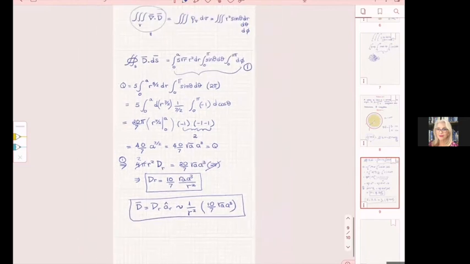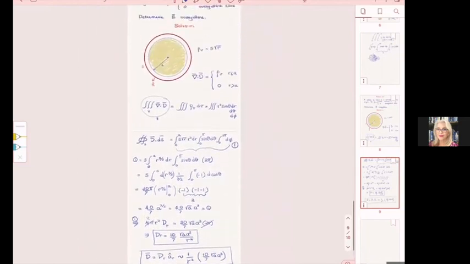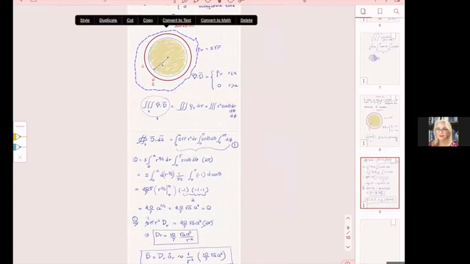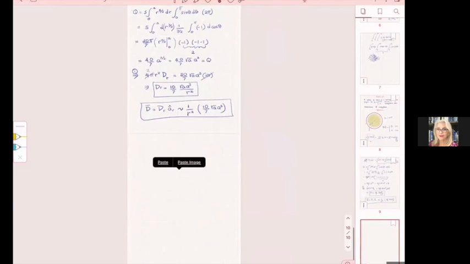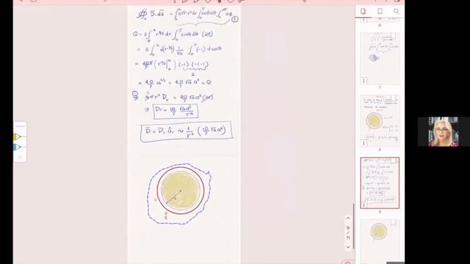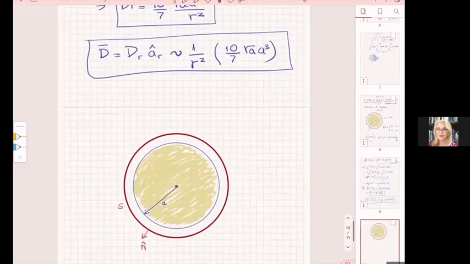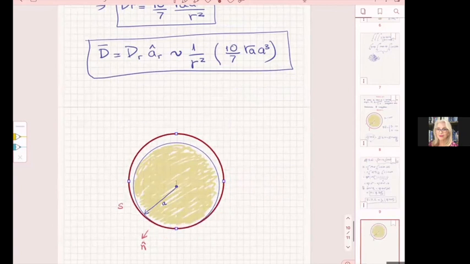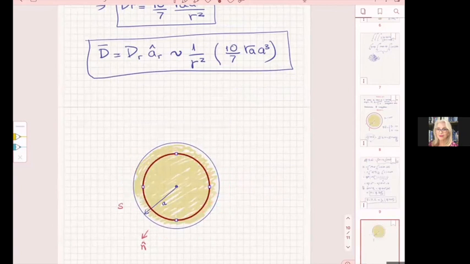Now, inside the sphere, it's a different story. It's like the first one we solved. So you take this one, and then you copy it and go here. And then what we do, we move that inside. We move it to a distance.